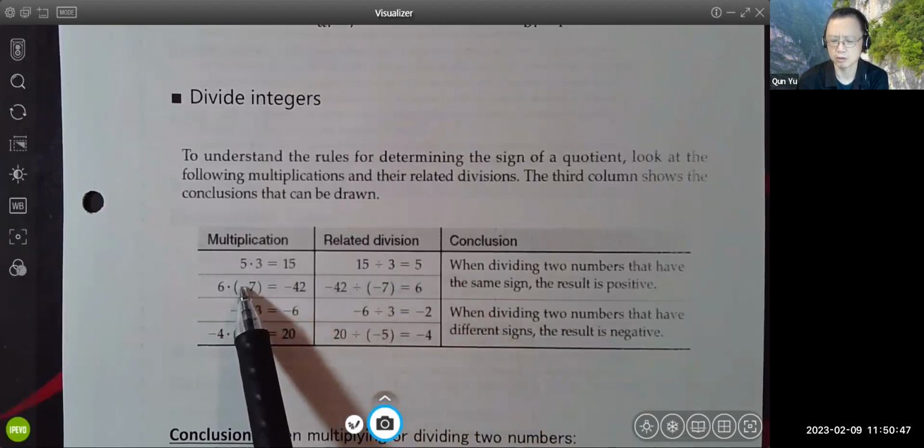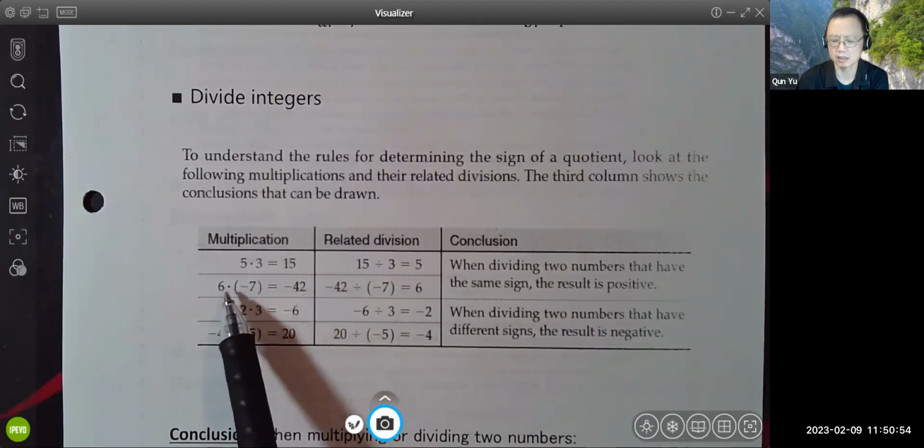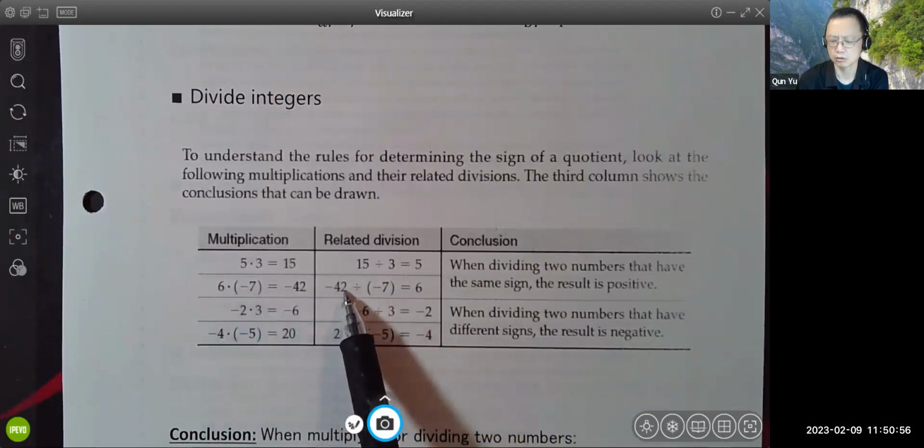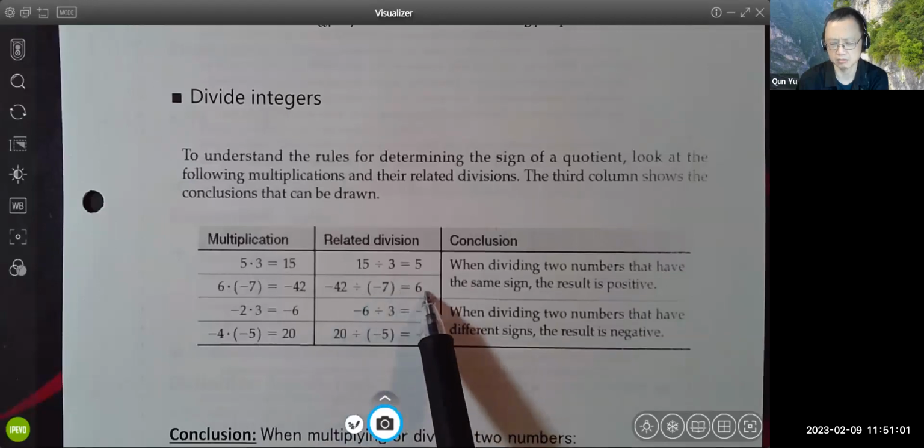Now in the next example, it is also true. If I use -42 divided by, say, -7, I get the other factor. So -42 divided by -7, the result is 6.